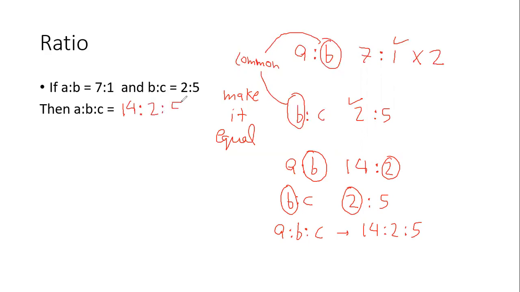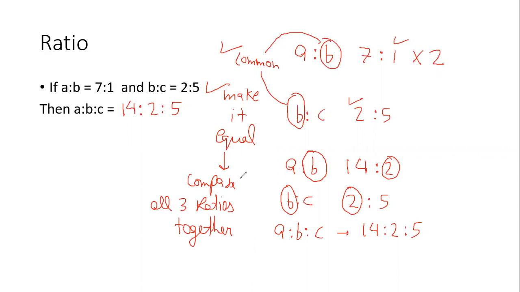So the process still remains the same. Whatever variable is common, make it equal. And when you make it equal, you can actually compare all three ratios together. So that's the very basic step. Identify the variable which is common, make that variable equal, and then you can compare all of them together.